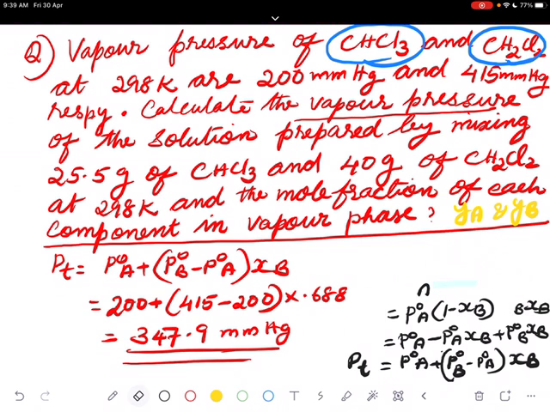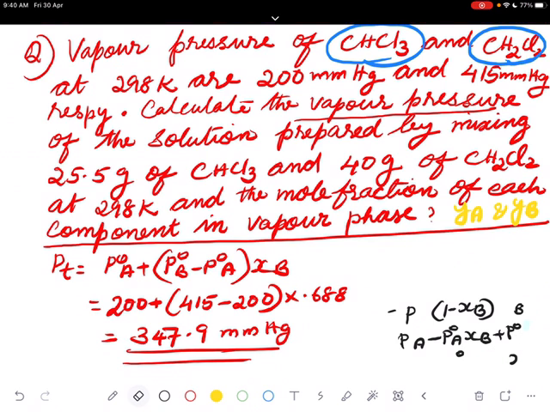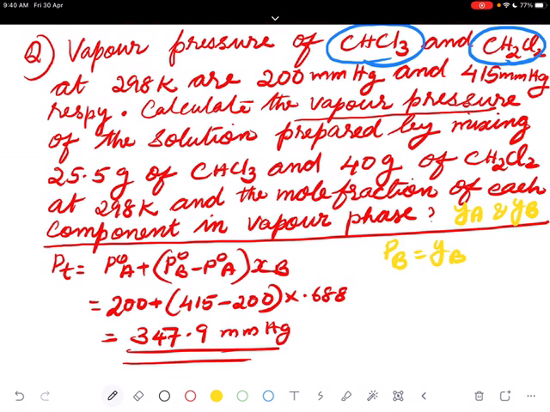Which is the equation including Ya? Among those 5 equations, where did you see Ya? That is, Pa is equal to Ya P total, or Pb is equal to Yb P total.